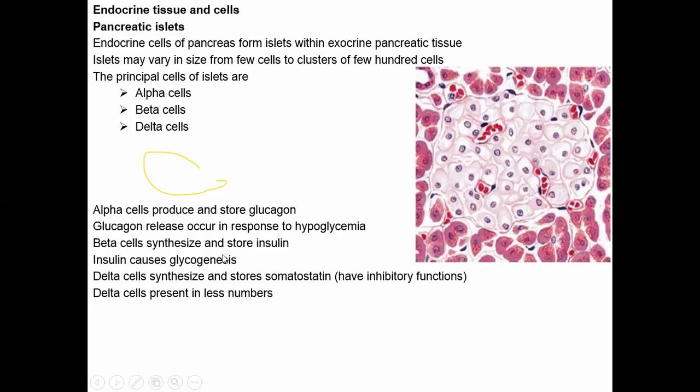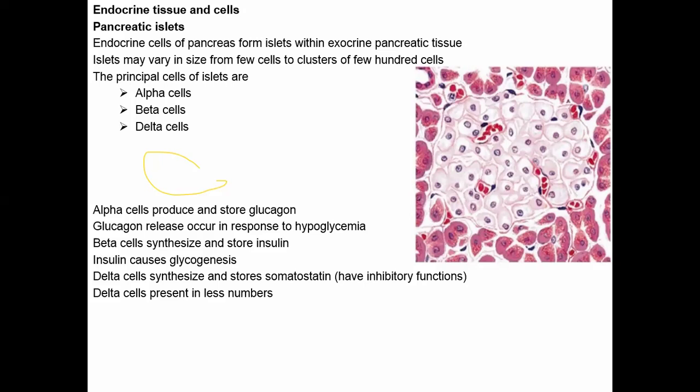Beta cells synthesize and store insulin. Insulin is responsible for the decrease and maintenance of the glucose level in the body. It helps in glycogenesis, meaning that when the glucose level in the blood is increased, it helps in the storage of glucose in various types of cells, like in the liver and muscles.